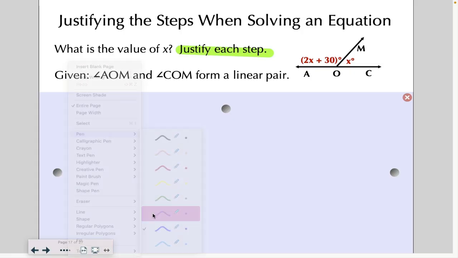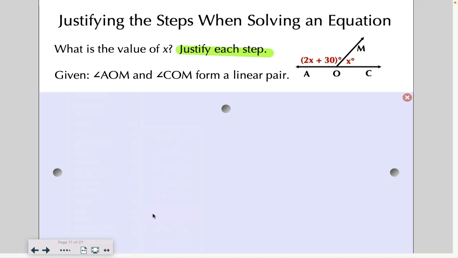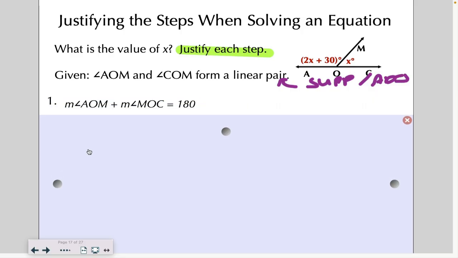If I had to justify every step and I didn't feel like doing it, here's what I would do. I would start thinking about all the background knowledge I have when I read this given. What should be your big one? Linear pairs are supplementary and they're also adjacent. Once I know all the knowledge I have, I can start to construct the proof. So we're going to justify all of them.